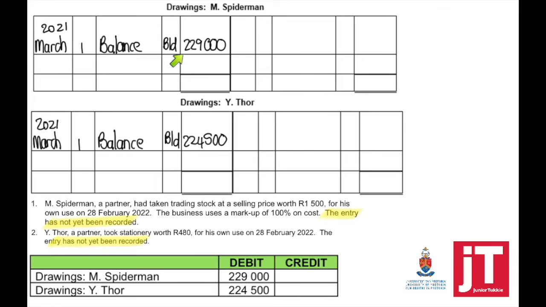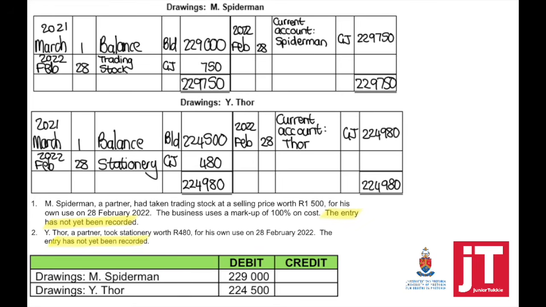This means that the balances from the pre-adjustment are the balances in the beginning of the accounting period, which is the 1st of March 2021. The trading stock will be debited in the drawings account. Stationery will be debited in the drawings account. At the end of the accounting period, this is closed off to their current account.